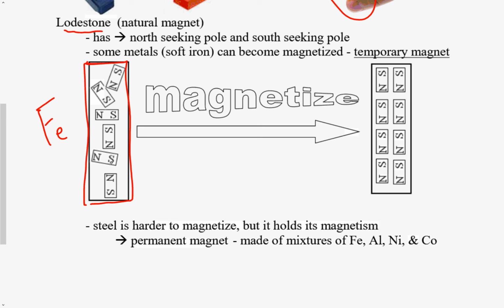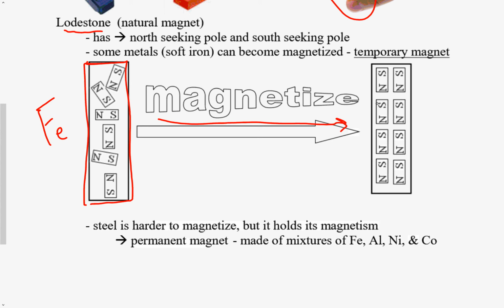But if you take a look, every single particle is oriented in a different direction. So in order to magnetize something, all you've done is align every single north and south pole and orient every particle in the same direction. So this is what happens.